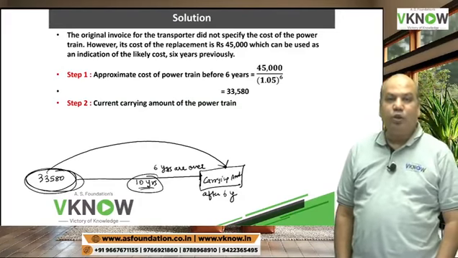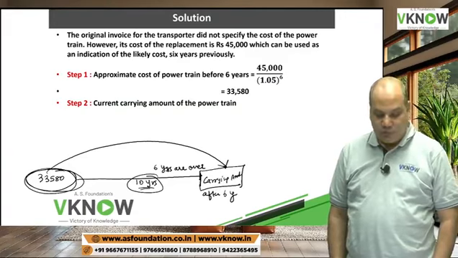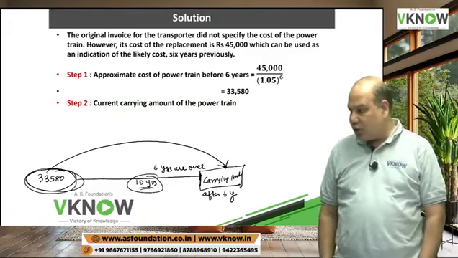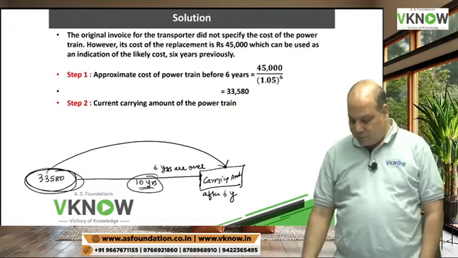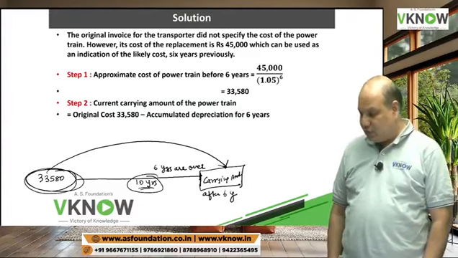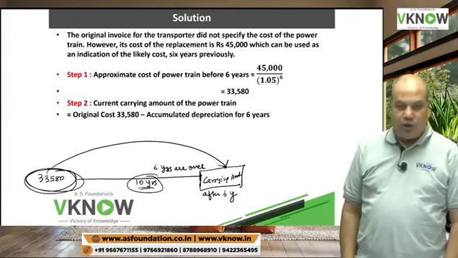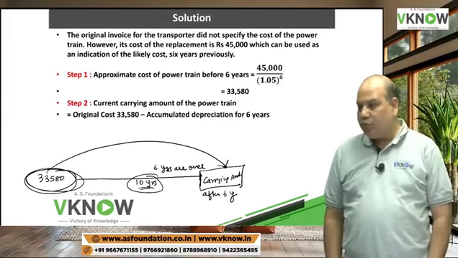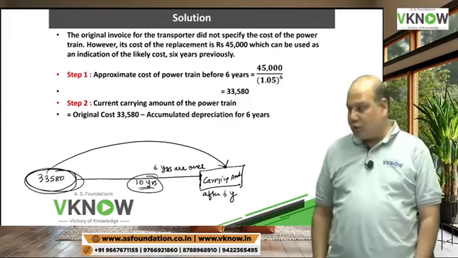Power train is that component which is replaced. Name of the component which is replaced. Some students had given me the answer, I will check. So the answer will be original cost 33,580 minus accumulated depreciation for 6 years.